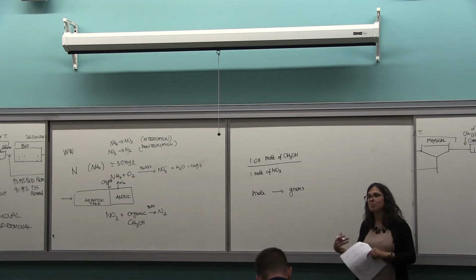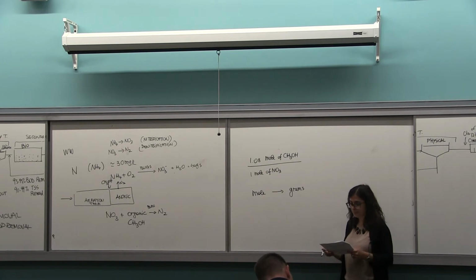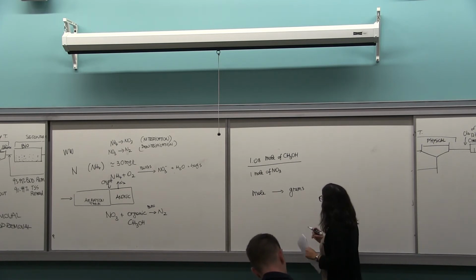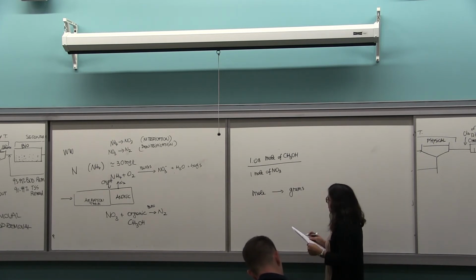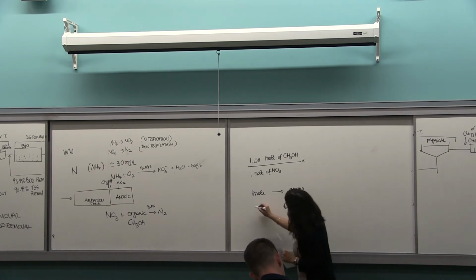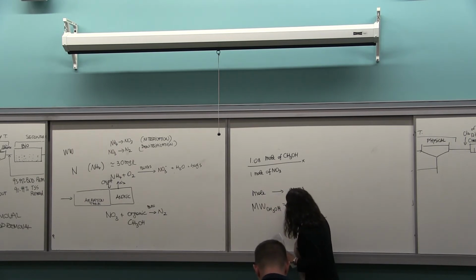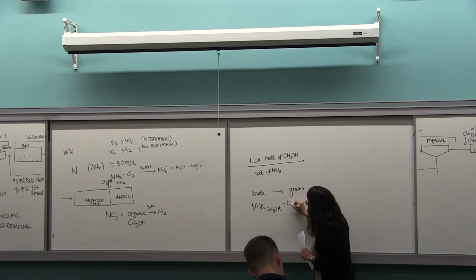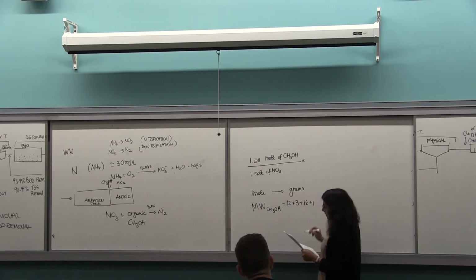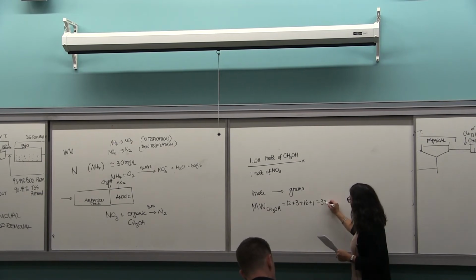So we have 12 plus 3 plus 16 plus 1, that's 32.